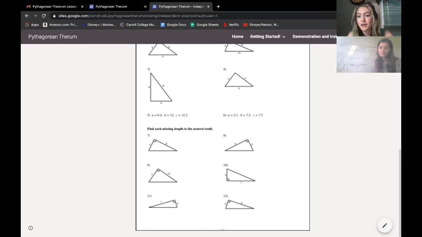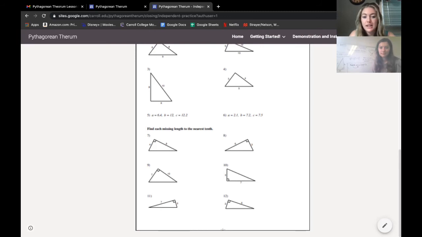Instead of putting just the simple square root, you're actually going to solve these out all the way and then round to the nearest tenth. That way you get the most accurate leg length on paper instead of just leaving it as a square root, so we can check that you actually did compute it and solve it through.